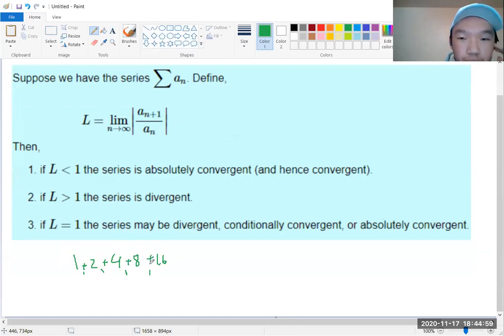So for this series, if you take the next term over the current term, this would be 2, right? Because it would be 16 over 8 or 8 over 4 or 4 over 2 and so on. So if you have this situation, you can see why it diverges, because you're essentially just adding bigger and bigger numbers.